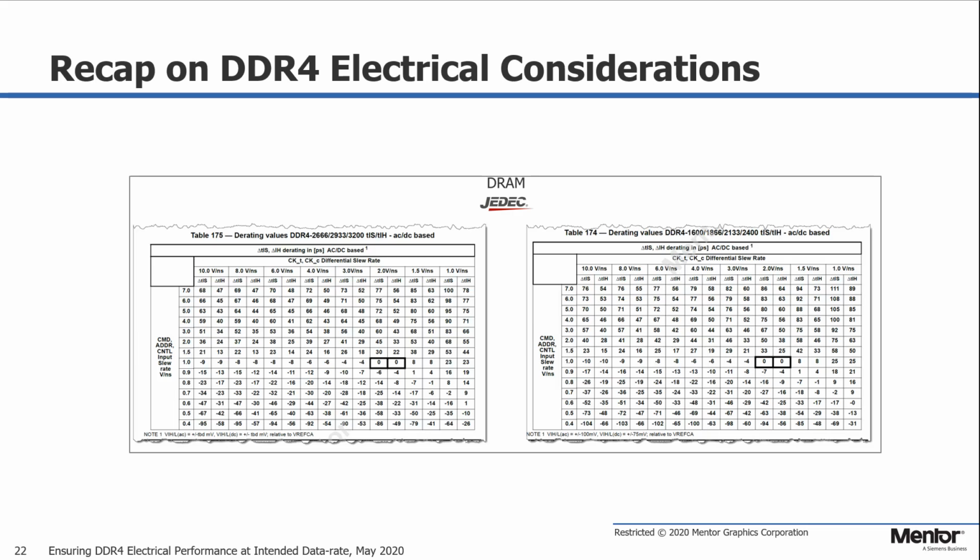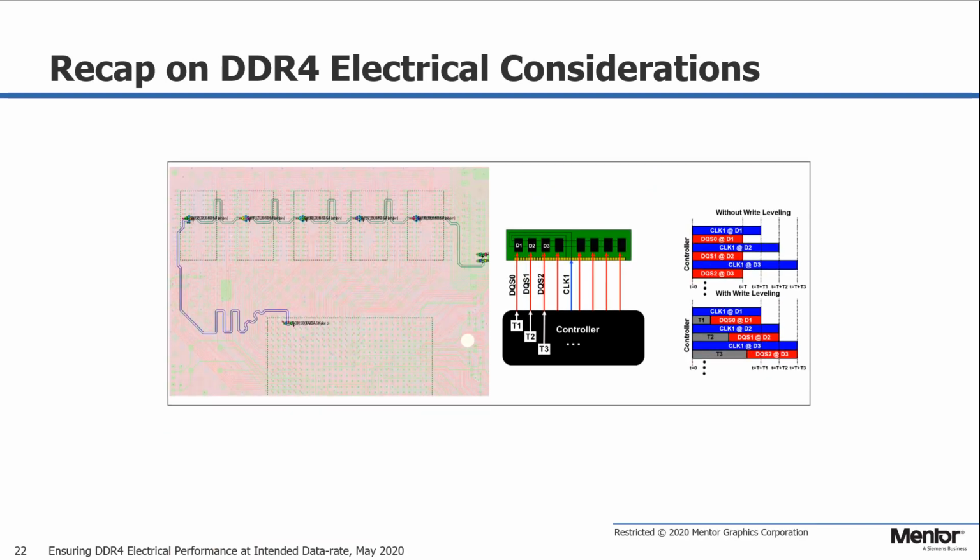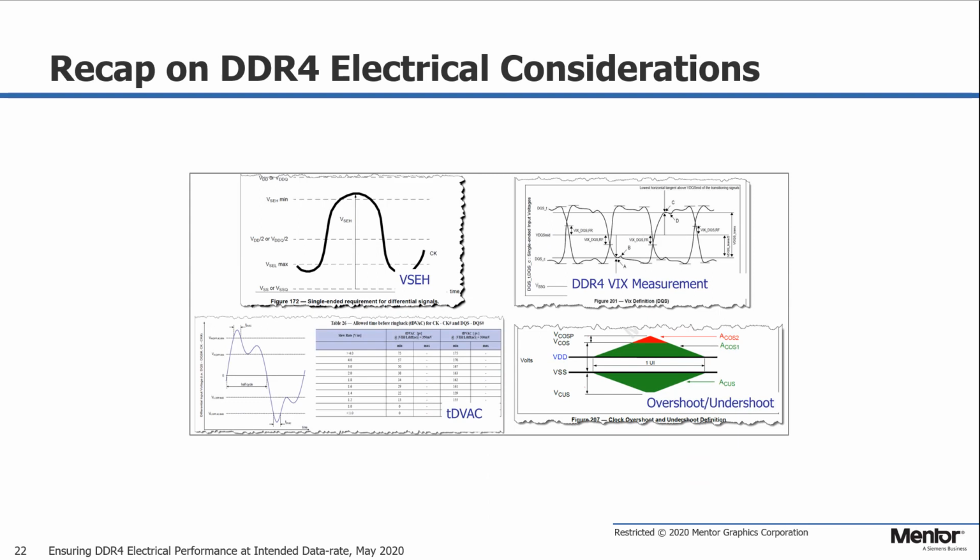I showed how to derive the worst case timing margins for the ACC signals. I explained why we need write leveling due to flyby topology on the clock signals. Finally, I also mentioned that there are many JEDEC SI requirements that you need to meet for the differential signals, which are the strobe and the clock signals.